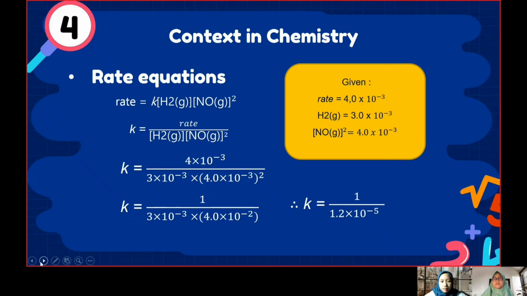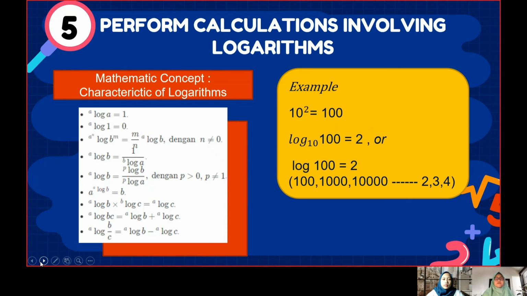We substitute all of them into the rate equation, and we can find the coefficient. So the value of the coefficient is 1.2 times 10 to the power of -5.